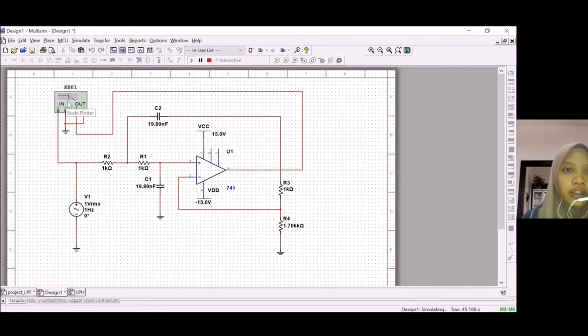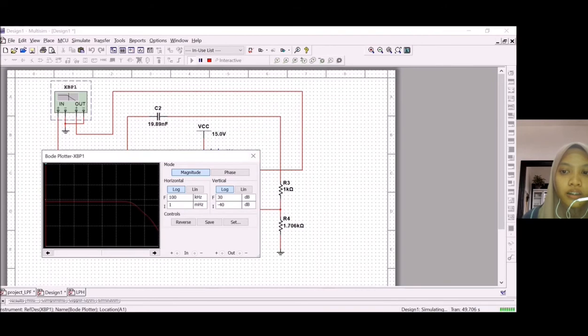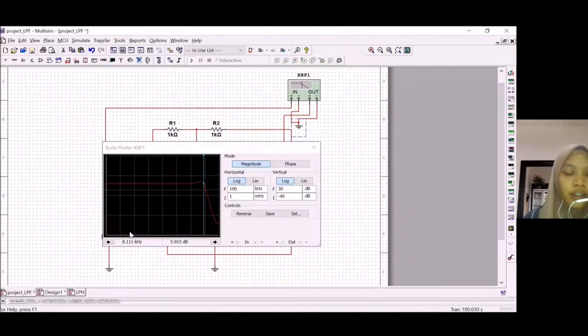Okay, and this is my output. I got 8.11 kilohertz and 5.915 dB. Okay, that's all for me. Thank you.